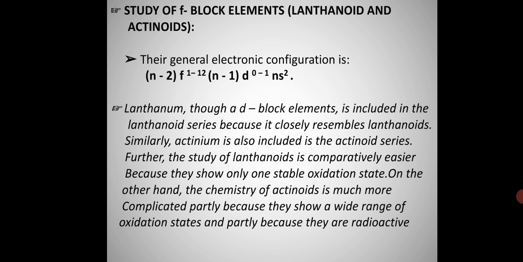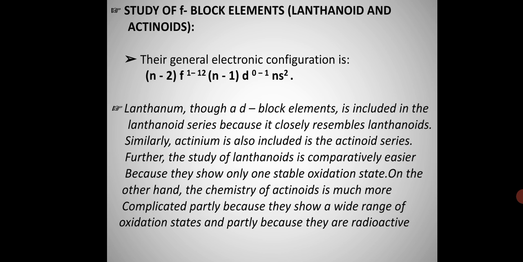Fine. Now the color of the ions, if you see, then you will find that except a few exceptions, the tripositive ions of lanthanides are colored. The few exceptions are lanthanum, cerium, then Gd3+, as well as Eu3+.